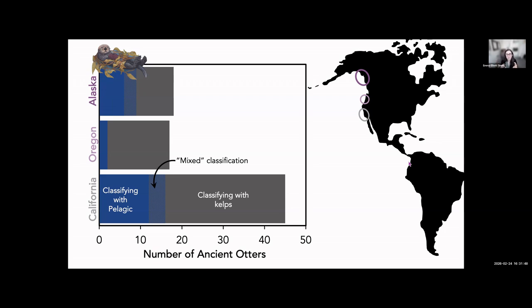And this is really important for Oregon in particular, because remember that advocates for new translocations in the region have really highlighted these estuaries and soft sediment habitats as critical areas to consider for sea otter translocations. And we, at least in our current data set, don't have a ton of evidence that sea otters were heavily using these environments in the past.